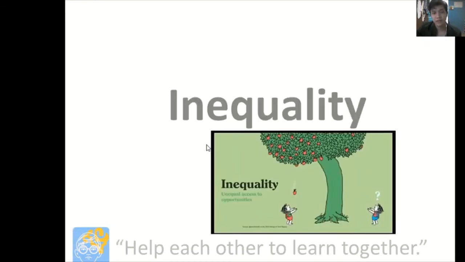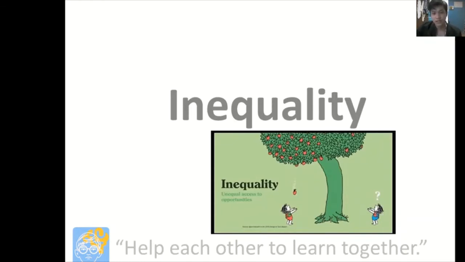Okay, the first one is inequality. Inequality and equal access to opportunities. These two kids want the same benefits. They want to catch some apples, but the inequality here is that one kid receives something, but the other one doesn't.